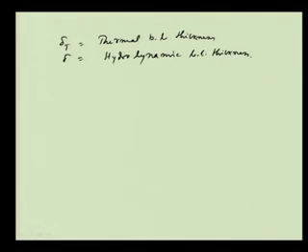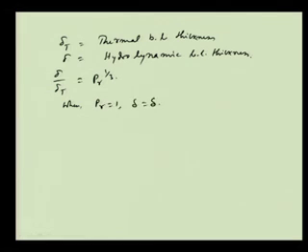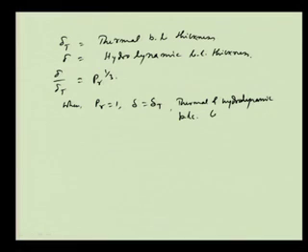Then we said that delta by delta T is equal to Prandtl to the power 1/3, and we know that when Prandtl is equal to 1, delta is equal to delta T, and the thermal and hydrodynamic boundary layers coincide.